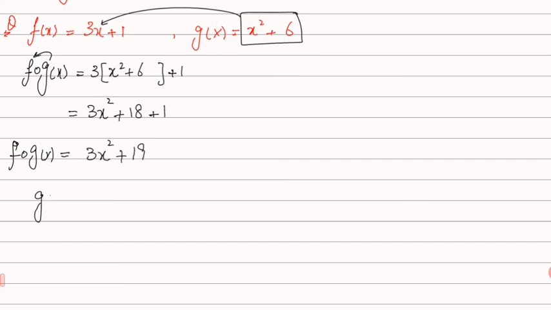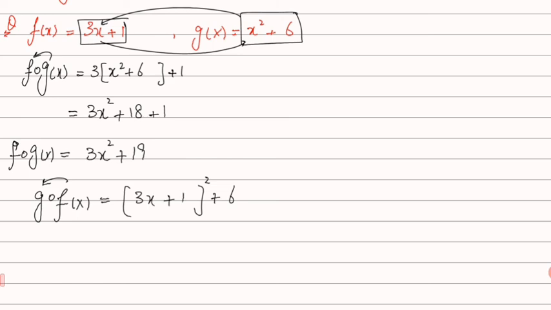Now when I need to find g of f of x, the operation is done in the reverse order. The later f of x is applied to g. Now we are going to put this whole function in g. That is equal to x square plus 6, where x is 3x plus 1. You will be using a plus b whole square, that is equal to a square plus 2ab plus b square, and then 6 is coming along.